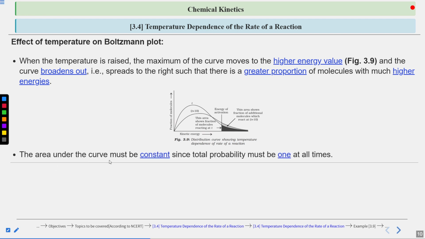The area under the curve must be constant, since the total probability must be 1 at all times. The total fraction of molecules covered inside this curve is the area under the curve, and it must be constant because the total probability will always equal 1.